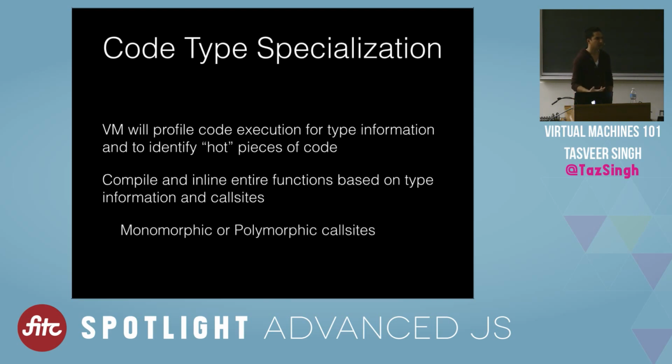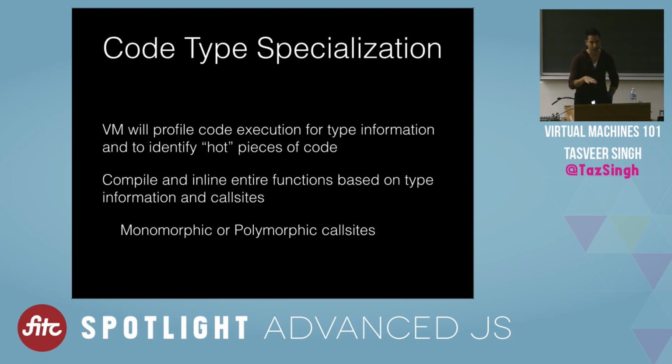And then based on the call sites, based on how that function's called, if it's monomorphic or polymorphic, it can then further inline that code directly into the call site. So in the first example, we're doing integer arithmetic. It can just literally take that entire code block and inline it directly. Polymorphic is a bit trickier, has to do more type checking, and then finally go to a code type specialized function call.